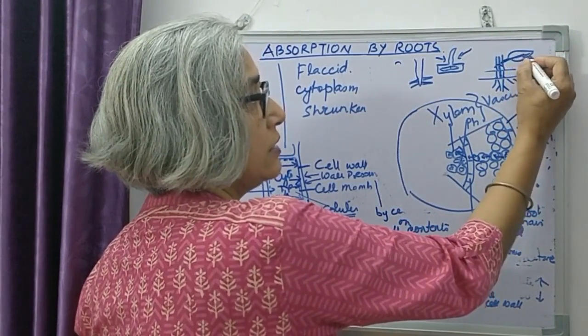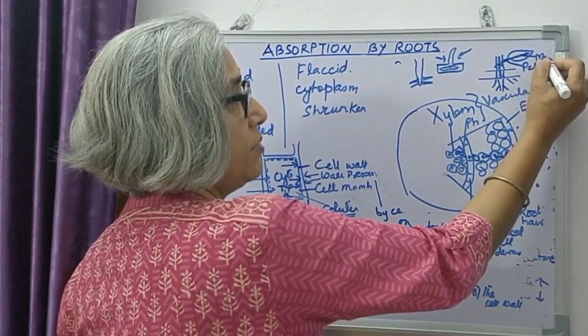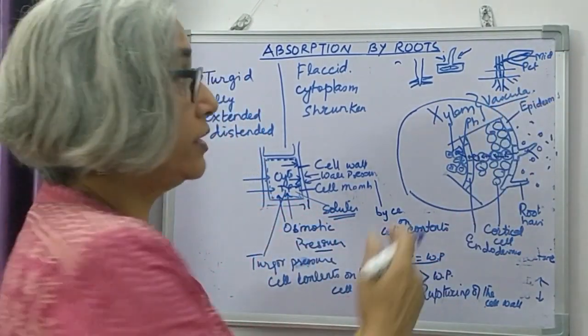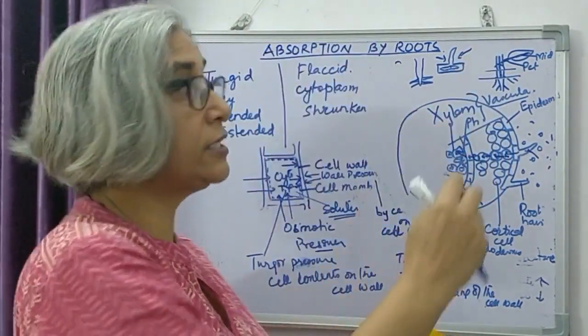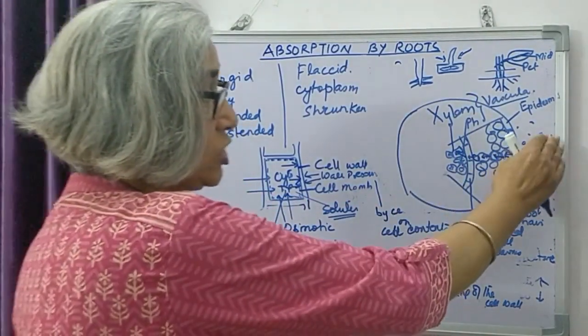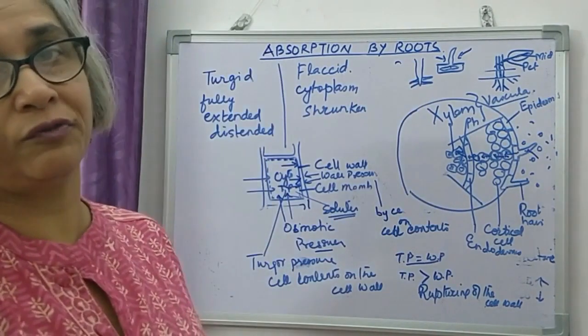This is the petiole of the leaf, this is the midrib of the leaf, all that is made up of vascular tissue. So there is a direct connection from root to stem to leaf to branches, and this is helping in transport or conduction of water from root to all parts of the plant.